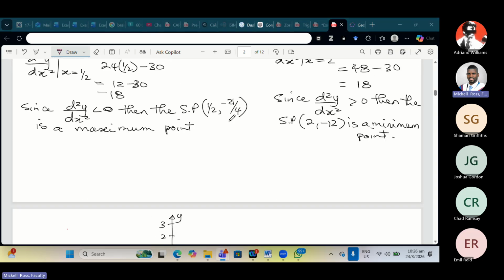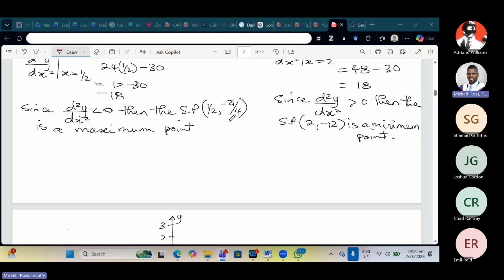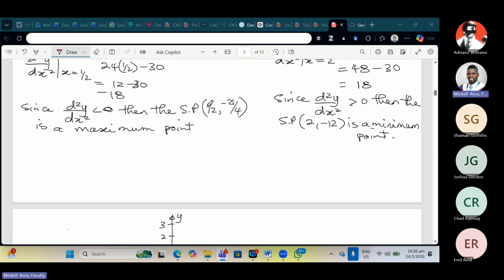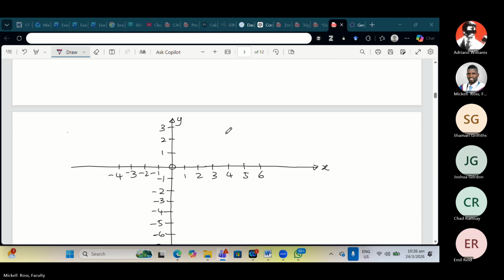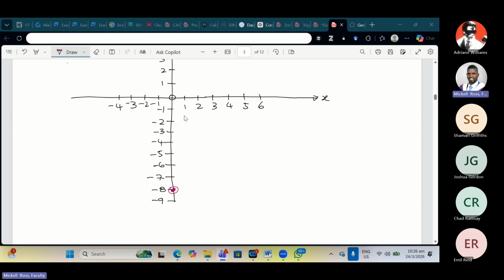And then we have one turning point, or one stationary point, at a half, negative 21 over 4. 21 over 4 is the same thing as 5.25. So a half, negative 5.25. So it's going to be right here.